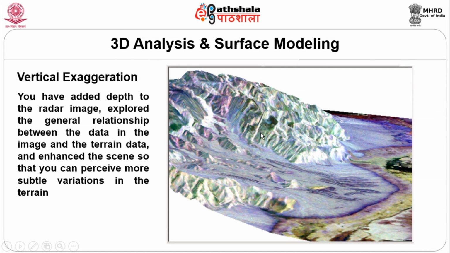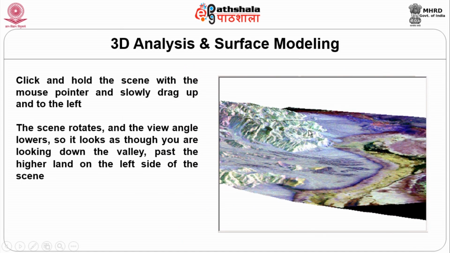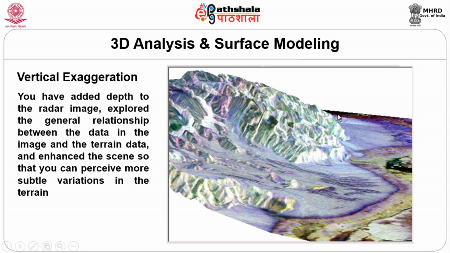You can see here when compared to the previous image, this is what actually the original height is. By vertical exaggeration, you can see here how this is protruding much higher when compared to the surrounding areas. So these are the alluvial fans, and this is what I was telling you, the floodplain area. So vertical exaggeration is nothing but exaggerating the data by multiplying the entire thing by a constant value. So when you use that, it will automatically get exaggerated.